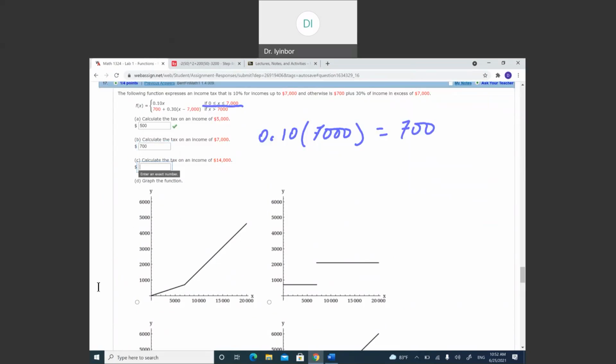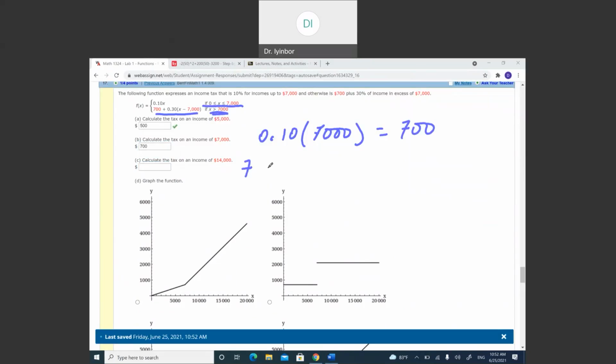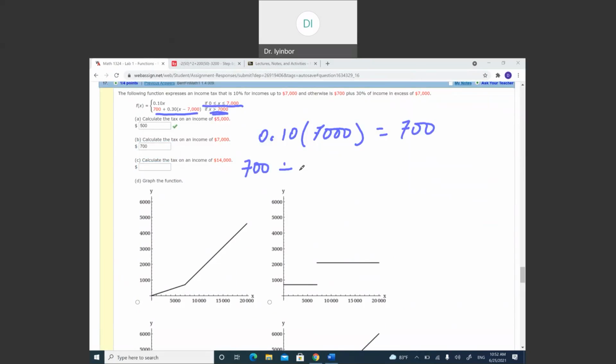So 14,000 is bigger than 7,000, so I'm going to replace it in the bottom function. So I'm going to have 700, just follow the function, plus 0.3 times x, which is 14,000, minus 7,000. And that's what you have to calculate.